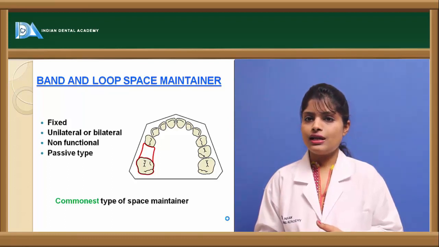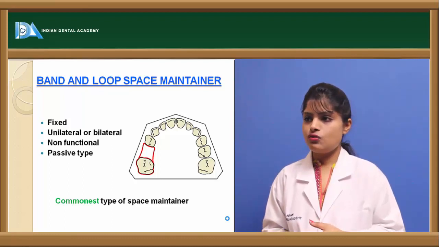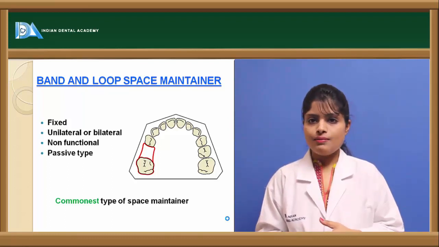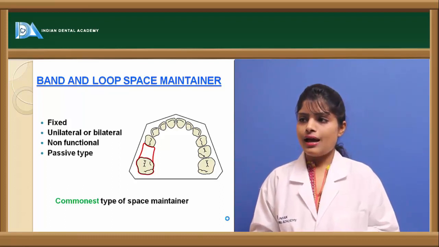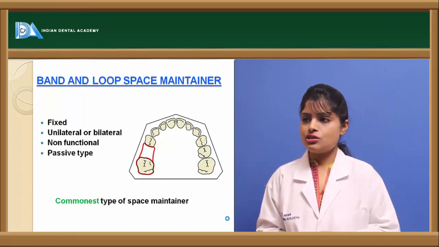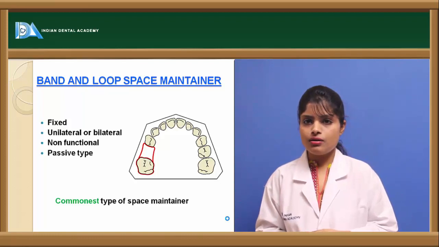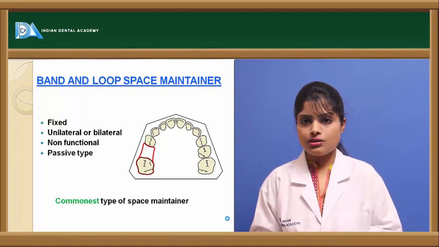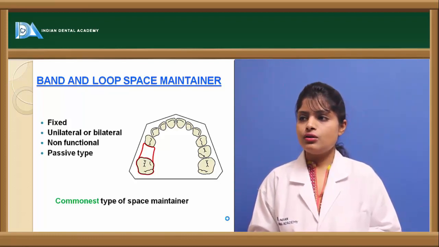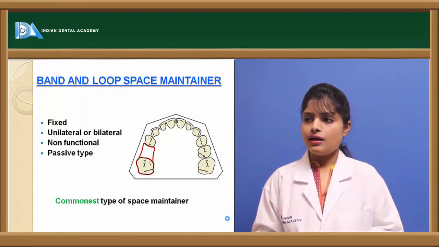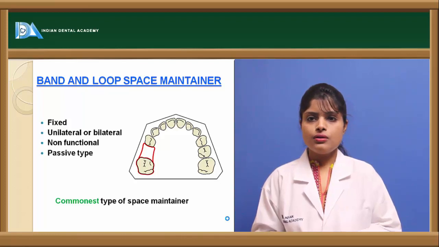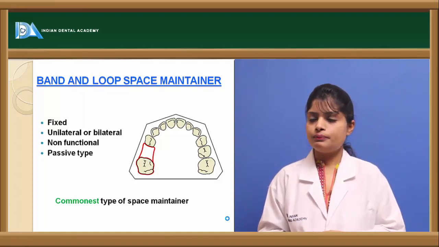Here in the figure we can see there is a premature exfoliation of the primary second molar, and a band is adapted on the permanent first molar and a loop is constructed by soldering to the band, which is further attached to the primary second molar.